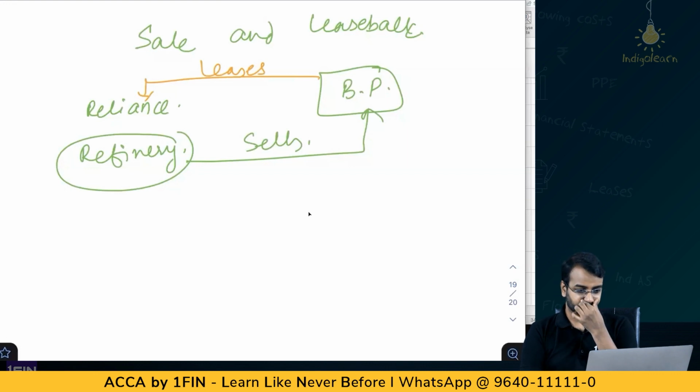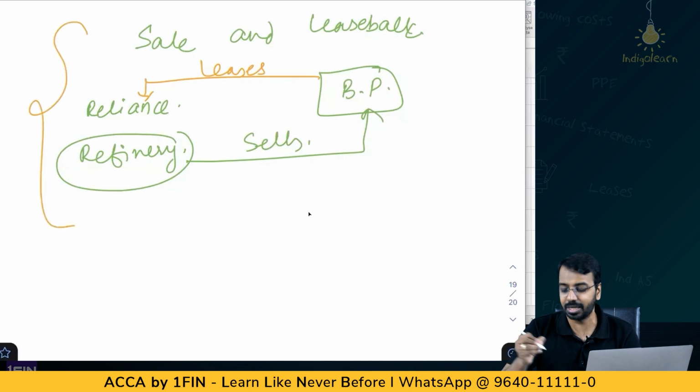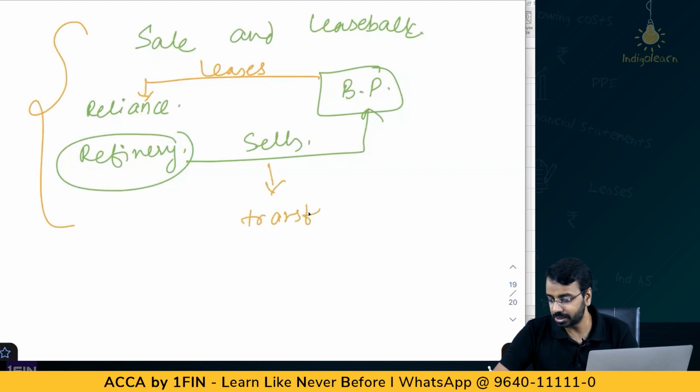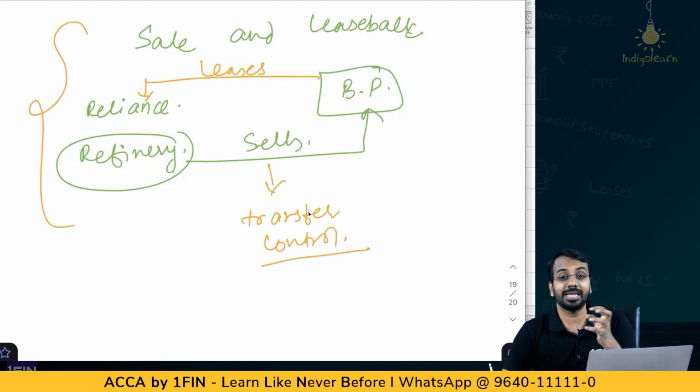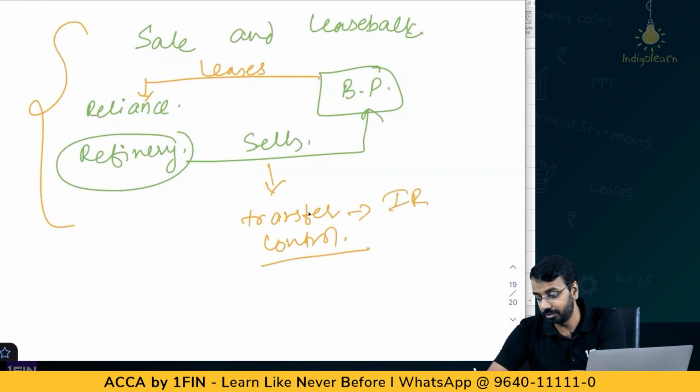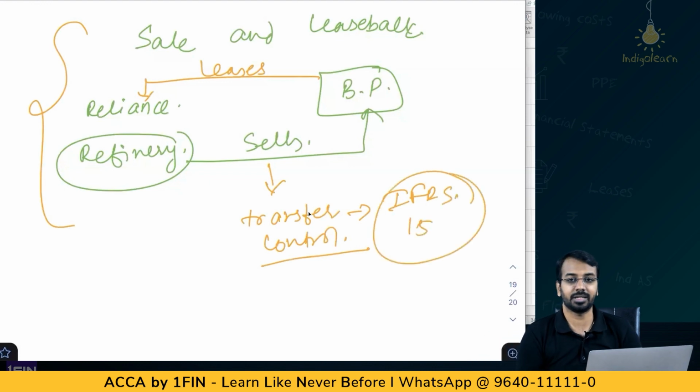Now, what we need to understand is, whenever there is an integrated transaction of sale and lease back, the first question that you need to ask is, does this sale transfer the control of the asset? Is there actually a sale happening as per IFRS 15?